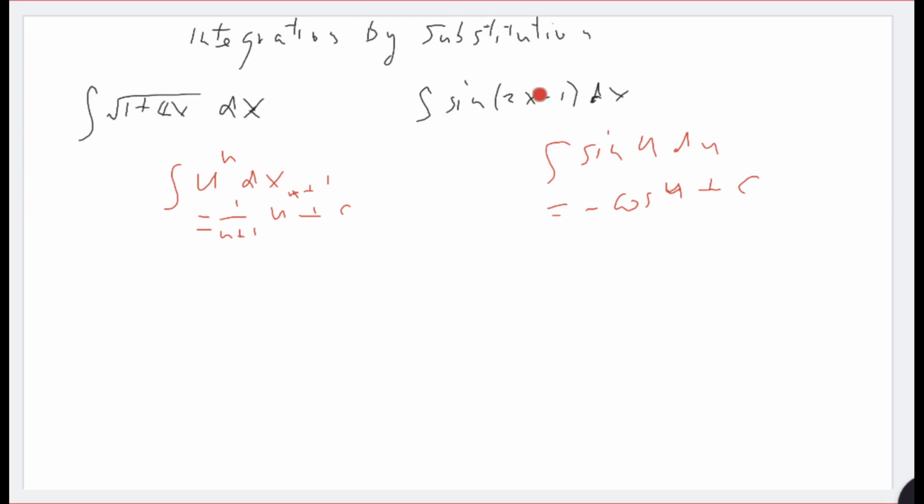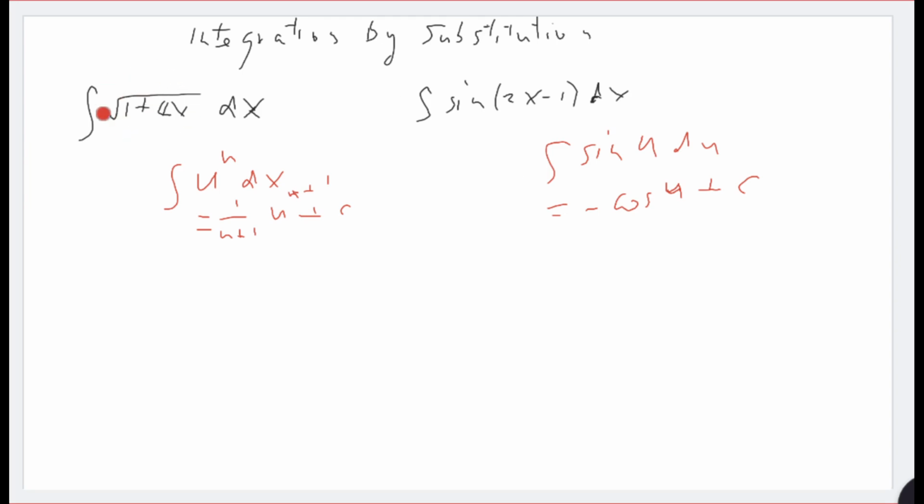So what we do is to try to apply what's called the integration by substitution technique. The idea is to think of 1 plus 4x as a new variable. So if 1 plus 4x is a new variable, we would have a square root of this new variable, where square root is just a power, half power.